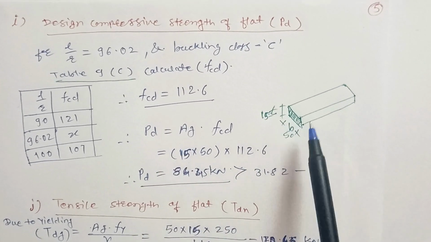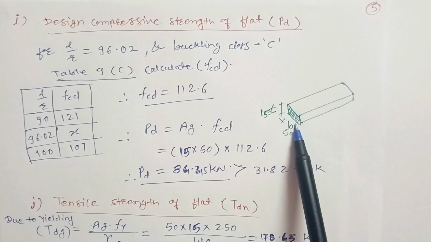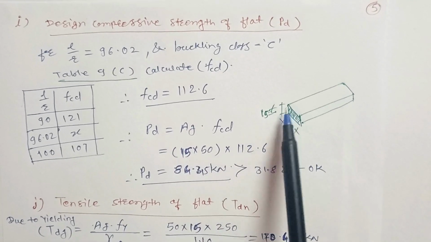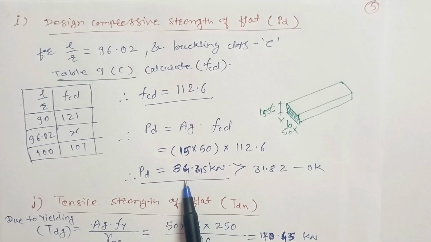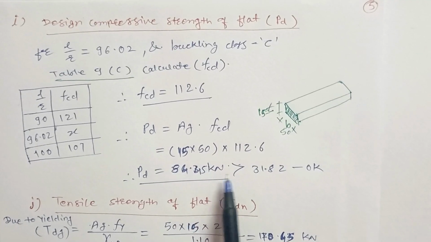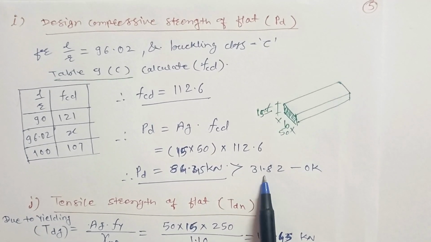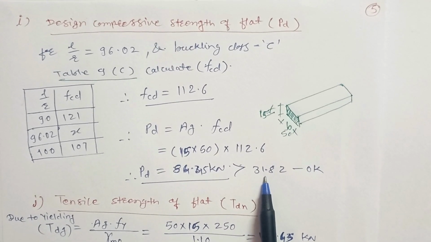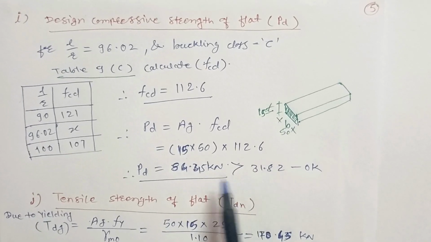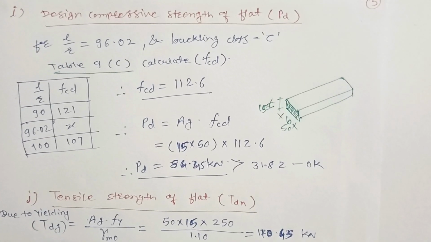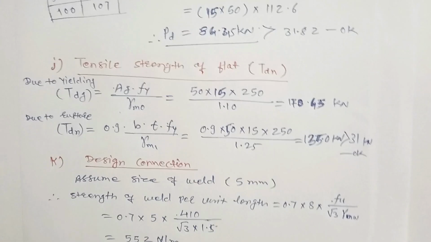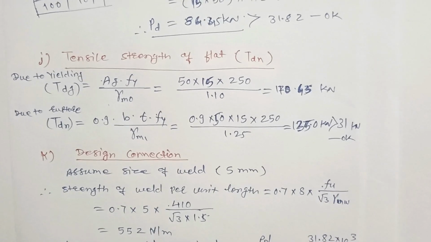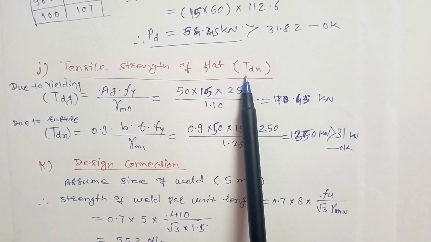This area is nothing but your lacing flat, so width into thickness. It is calculated as 84 kilonewton, which is greater than our earlier calculated strength of the lacing flat, so it is okay.